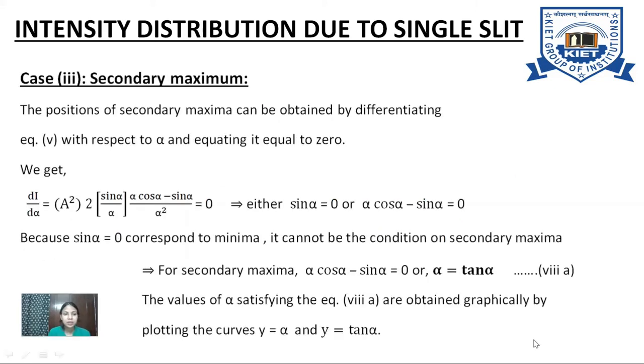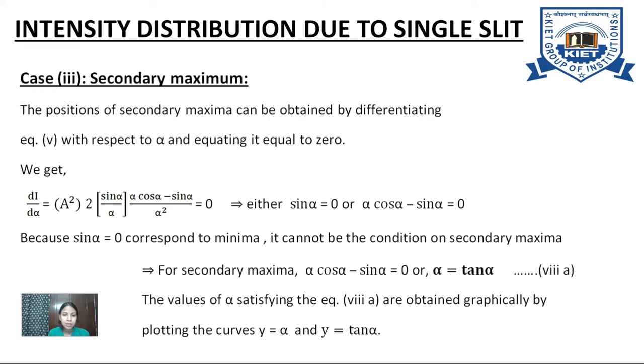We shall now find out the conditions of secondary maxima. In order to do that, we shall differentiate equation 5 with respect to alpha and then equate it to 0. So we get dI by d alpha is equal to A square into 2 sine alpha upon alpha, into (alpha cos alpha minus sine alpha) upon alpha square, equals 0.